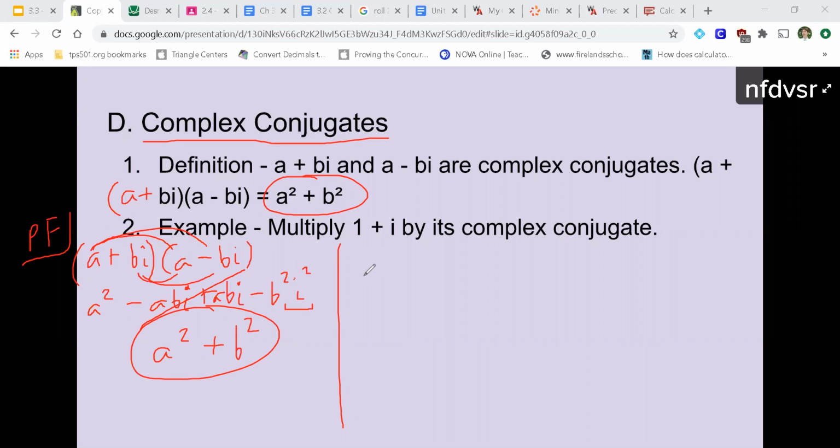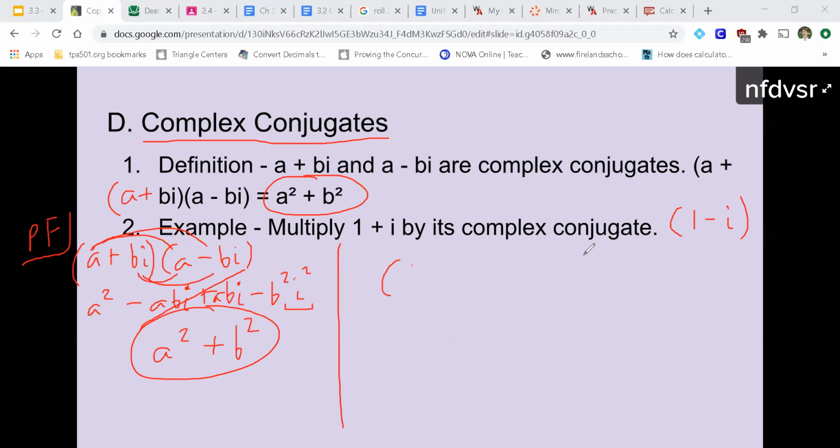For example, 1 plus i, its complex conjugate would be 1 minus i. Again, all I do is change the symbol in the middle from a plus to a minus.